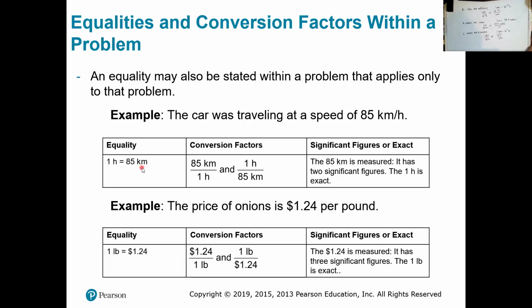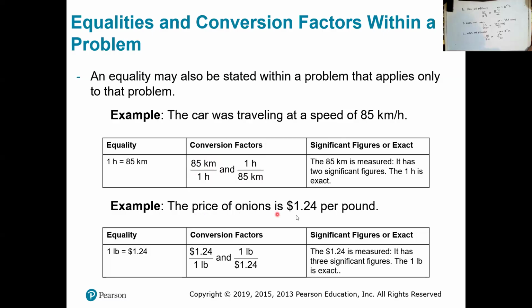And then the conversion factors that we would create from that, we'd have one version with our 85 kilometers on the top and our 1 hour on the bottom, and a second version where 1 hour is on the top and 85 kilometers is on the bottom. And the reason that we're creating different conversion factors like this is because depending on the question that we're asked, we'll need either this conversion factor or this conversion factor.